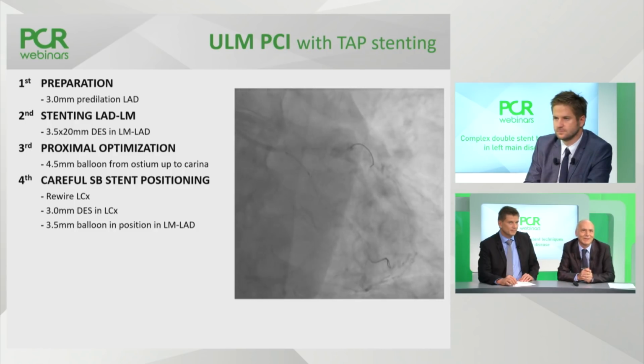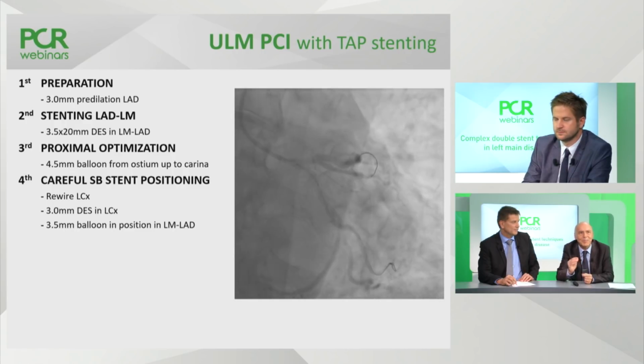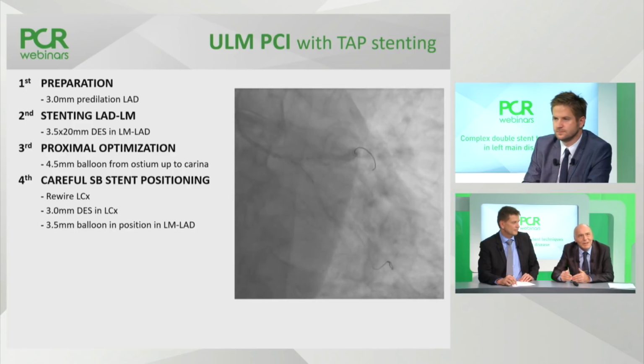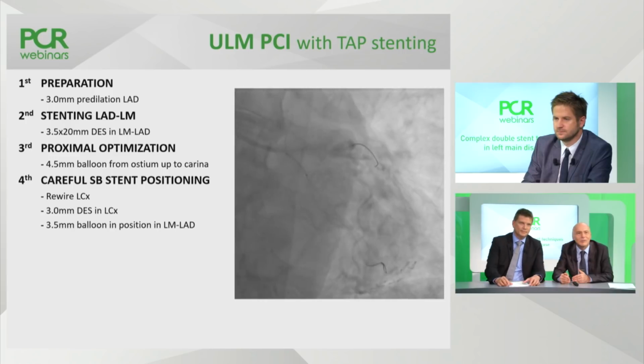That would be very bad and an unnecessary complication, so to say. So I used another 2.0 balloon, got there, and positioned the stent, as you can appreciate here, with minimal protrusion to the left main, which covers the ostium of the circumflex.